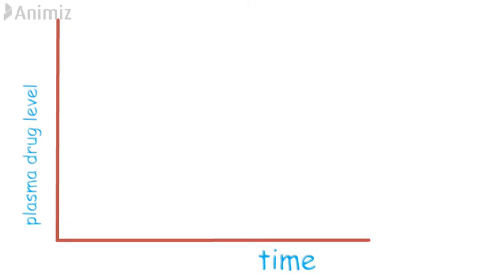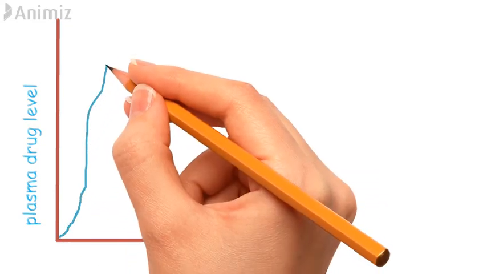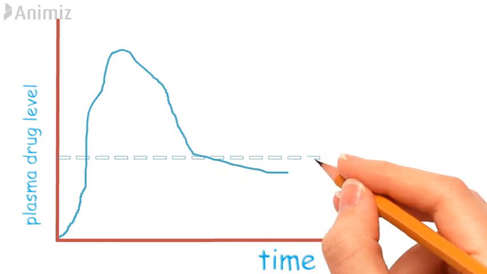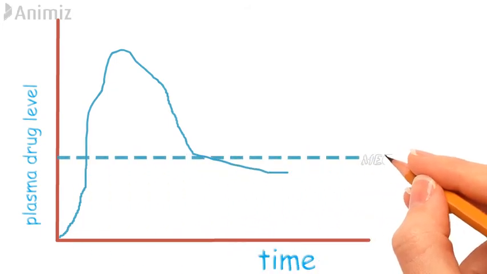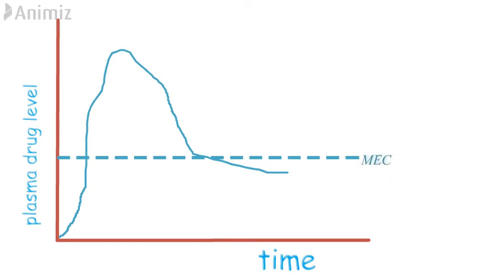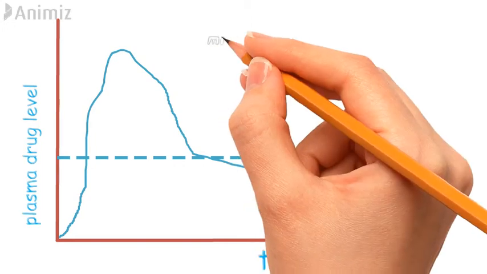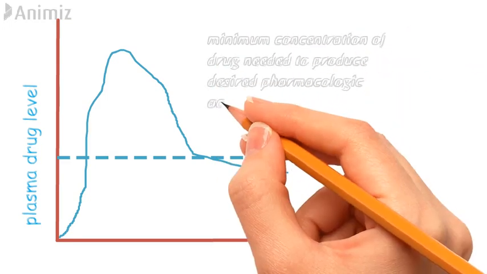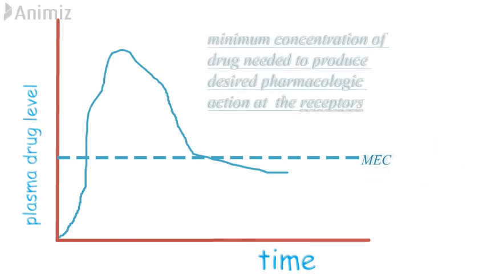Now we can learn some parameters which can be derived from the plasma drug concentration time curve. MEC. MEC is the minimum effective concentration. As our assumption is that the drug concentration in plasma is in equilibrium with tissues, the term MEC reflects the minimum concentration of drug needed to produce the desired pharmacologic effect at the receptors.